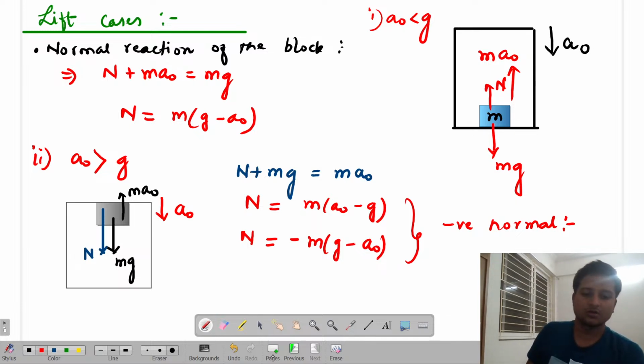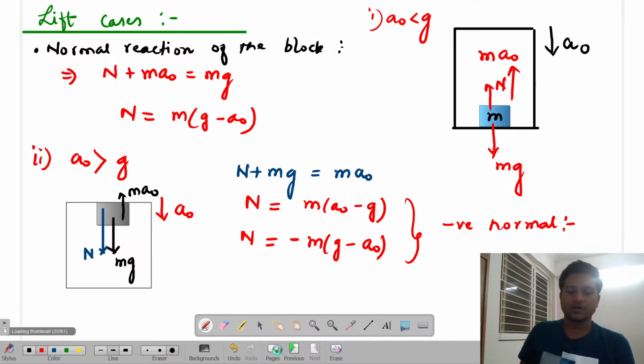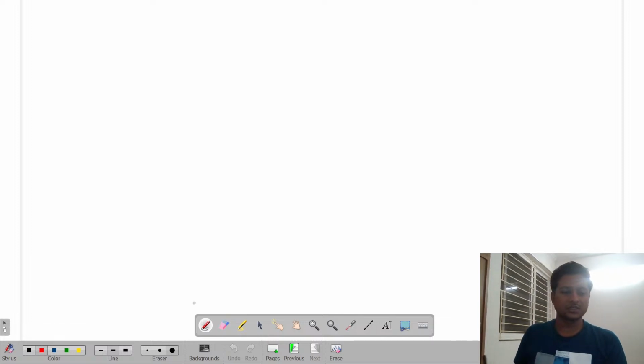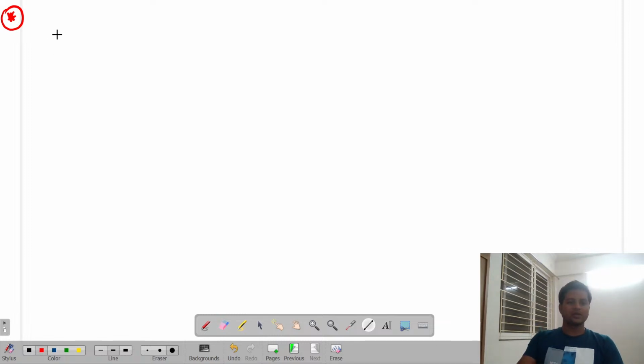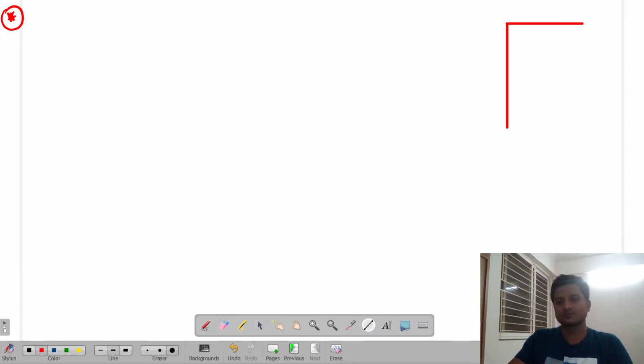Okay, so now look over here. Now let us consider this particular case. When the lift is there, once again I place a block of mass m.